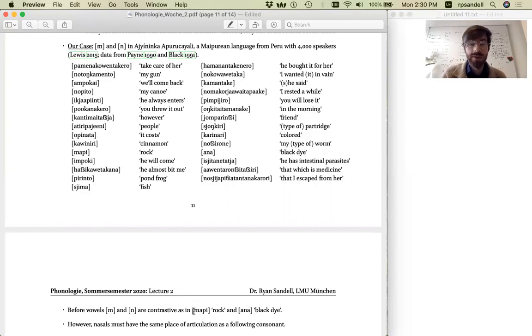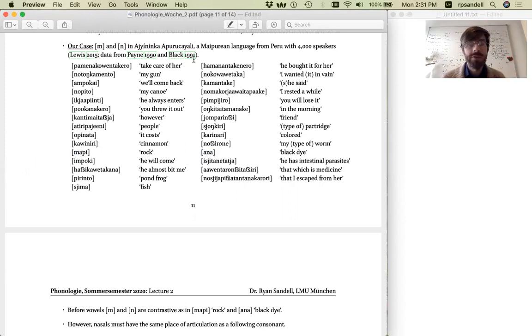So we can find words like mapi, rock, and ana, black dye, in which we have the labial nasal occurring before an a vowel and the coronal nasal occurring before an a vowel.